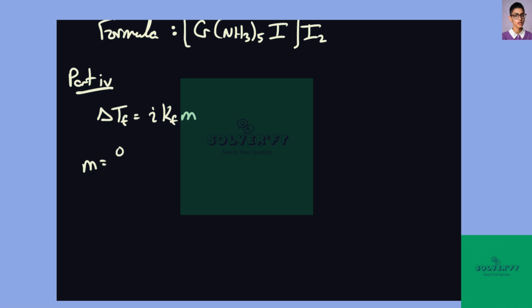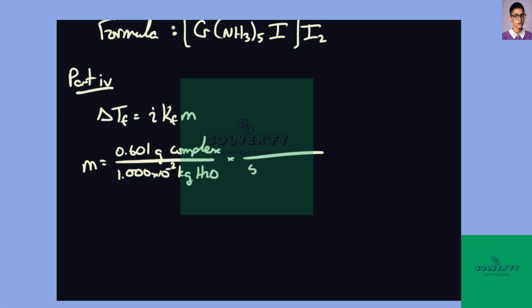The molality here is 0.601 grams of the complex over 1.000 times 10 to the minus 2 kilograms of water times the molar mass, which is 517.9 grams of the complex in 1 mole of the complex. And this would work out to a molality of 0.116 moles per kilogram.